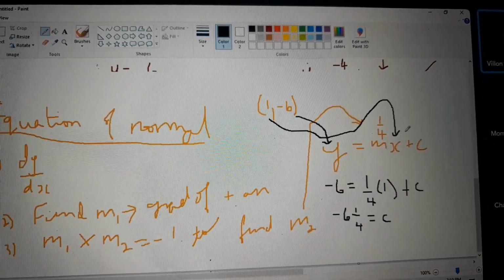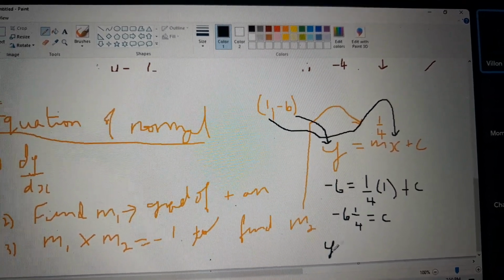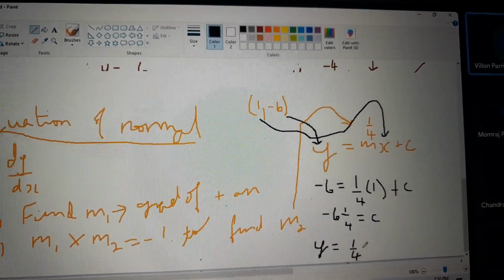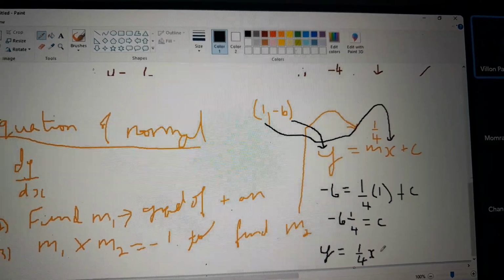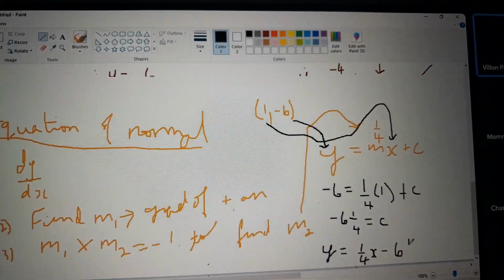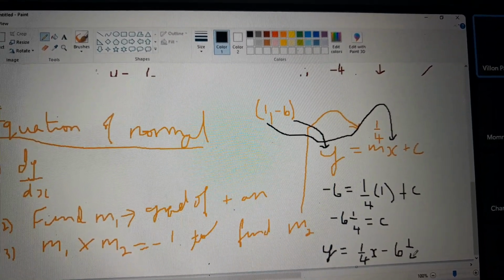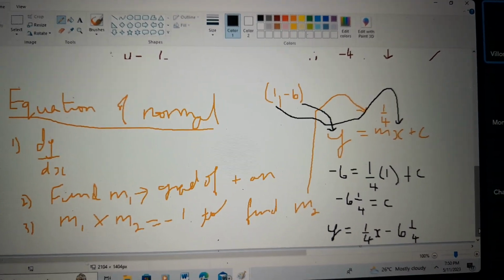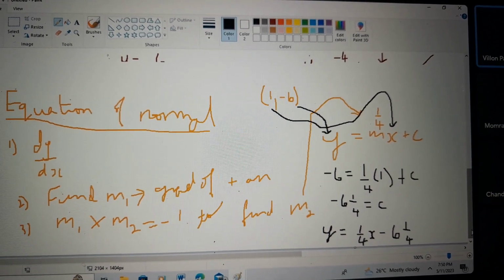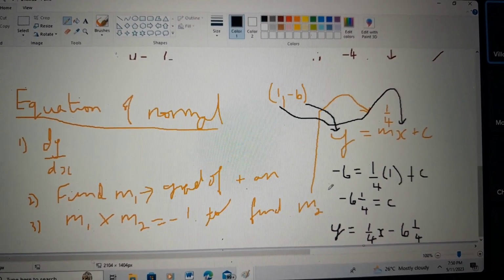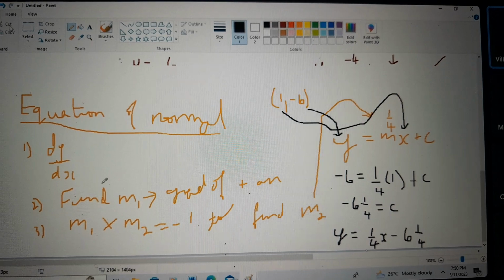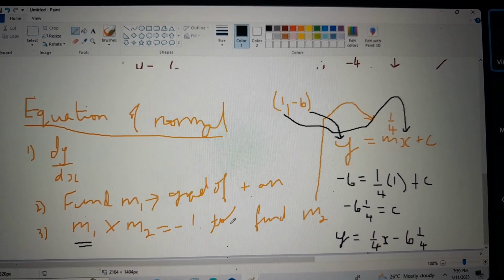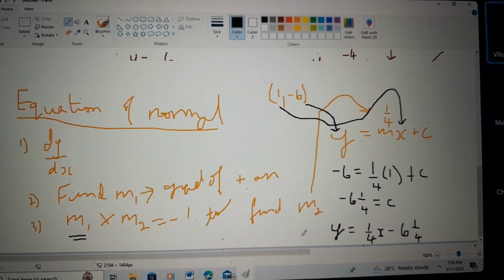And that's all. So your equation would be y is equal to a quarter x, put in your m value, minus 6¼. That's your c value. So basically, that's how you find the equation of the normal. It's just like finding the equation of the tangent, except you don't use the gradient that you find first. You find the reciprocal of that gradient.